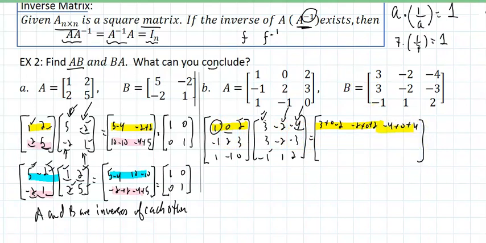To generate the second entry, I use the second row. That will generate the second row. To find the first entry, I multiply negative 3 times 1, that's negative 3, plus 2 times 3, that's a 6, plus 3 times negative 1, that's a negative 3.